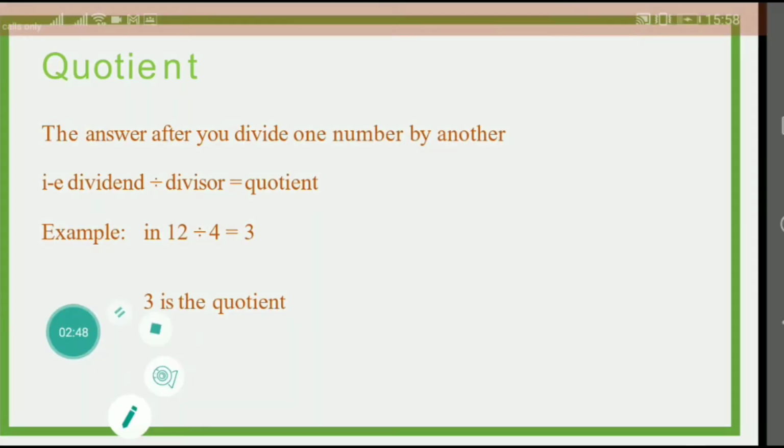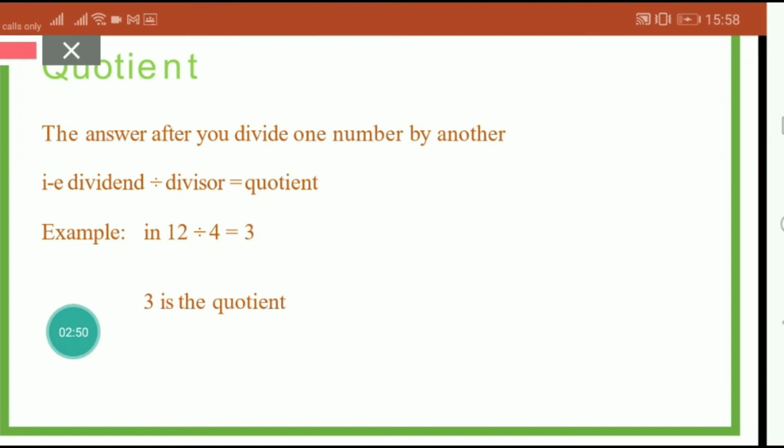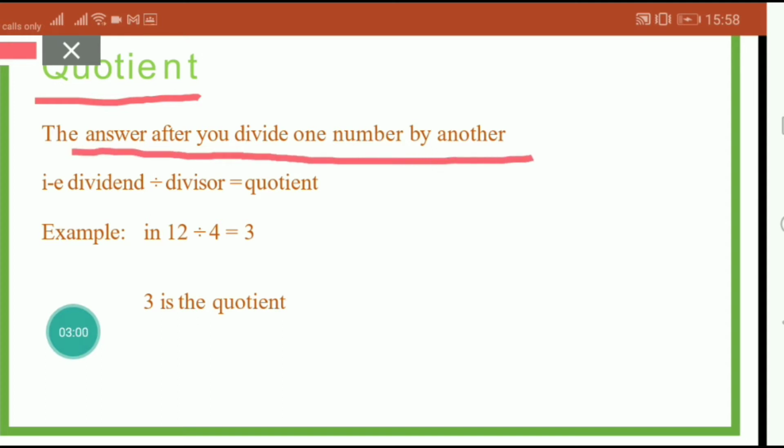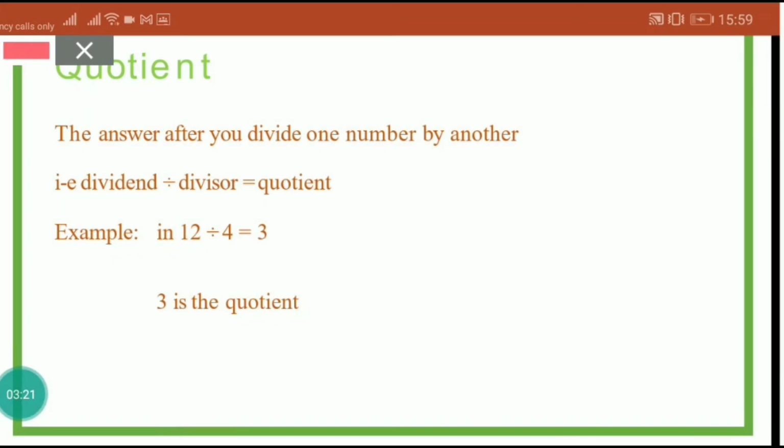Quotient. Say after me. Quotient. Quotient is what we call the answer for a division. Okay, let's say for example, we have here 12 divided by 4.